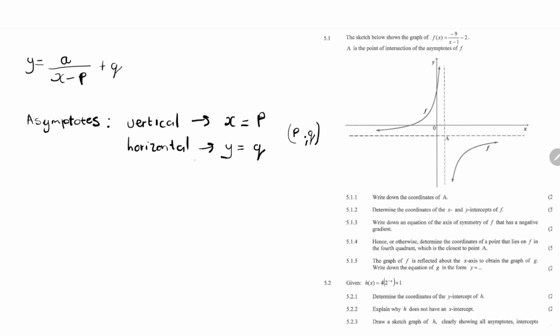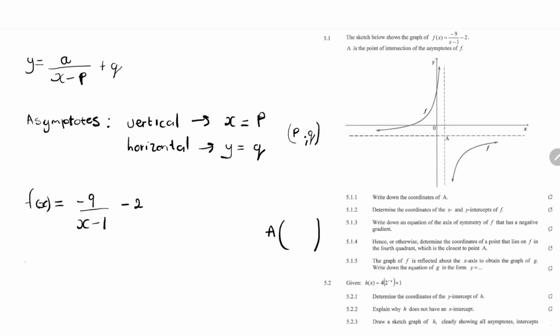So with this information, let us use it to find this point of intersection, which is A. We have graph f, which is f of x equal to negative 9 over x minus 1 minus 2.